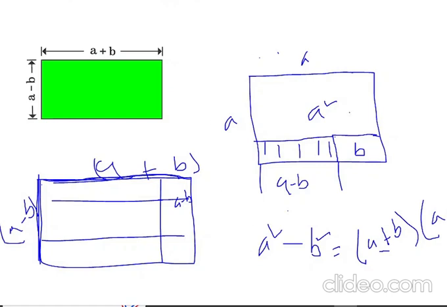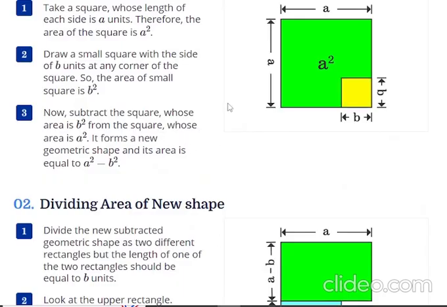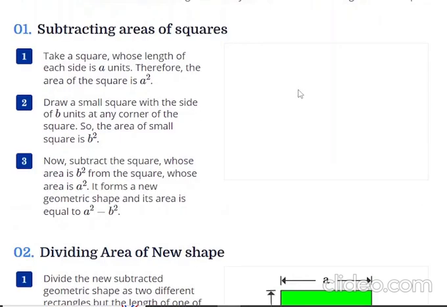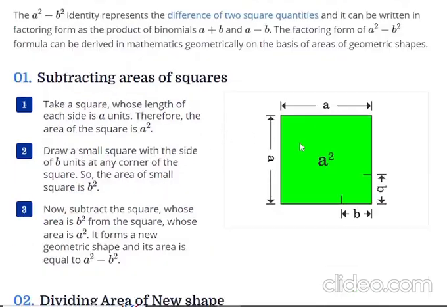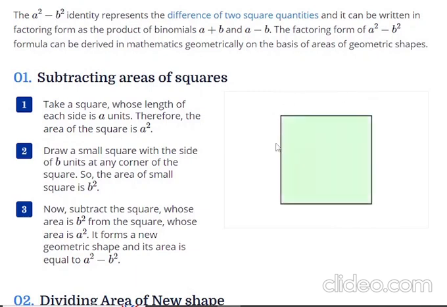I hope you have understood from this presentation. Now we see from our lecture. So what we have learned from our graphical representation, at first I am representing it here again. At first we have taken a square whose length was a, and whole area was a square.